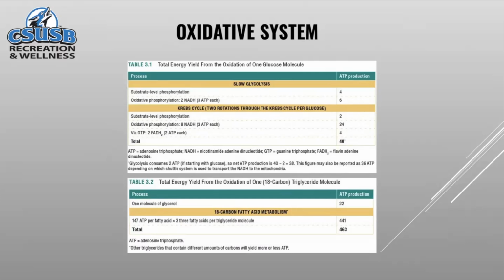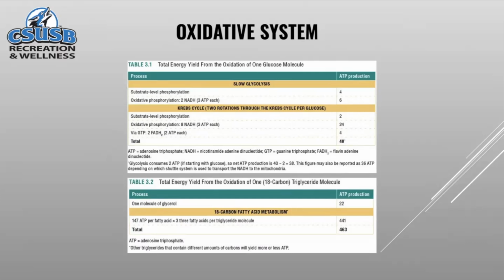The Krebs cycle will have 2 rotations per glucose, so each glucose, we get to go through the Krebs cycle twice. At a substrate level, we get 2 ATP, and 24 from oxidative phosphorylation. That's our NADH, our transporters carrying those hydrogen ions. And then GTP, we get 4, which is also from FADH, which is another transporter. In total, that'll be 40.